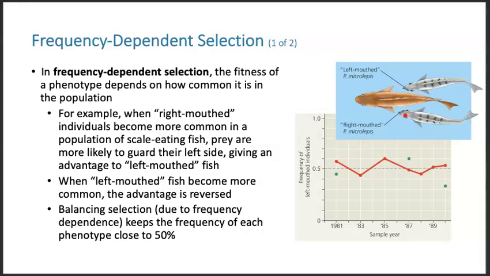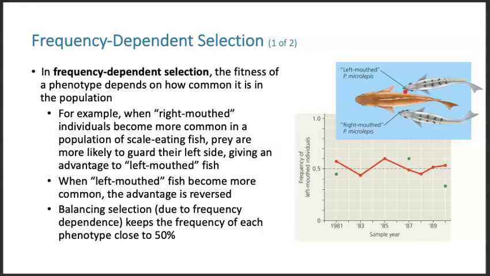When the right-mouthed fish become more abundant in the population, the prey fish start looking more and more often on their right side, so that they can keep an eye out for being nibbled.